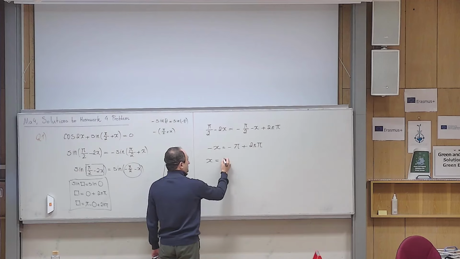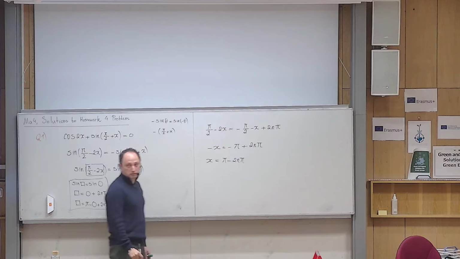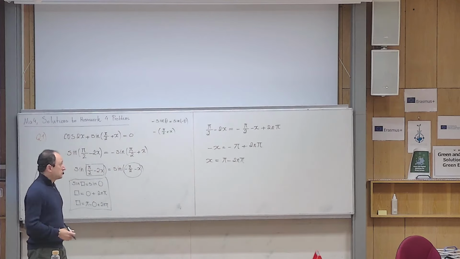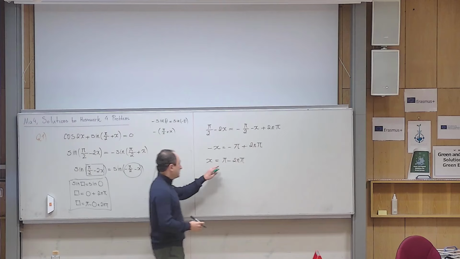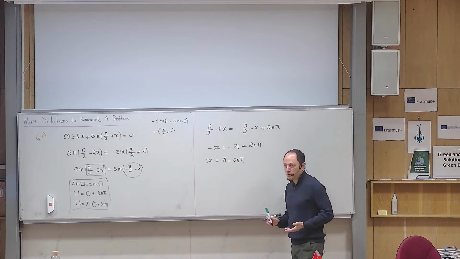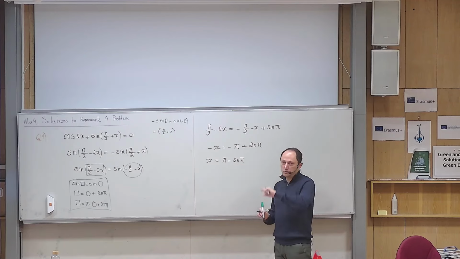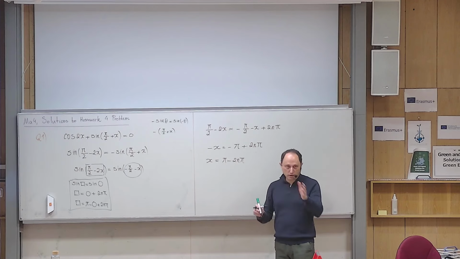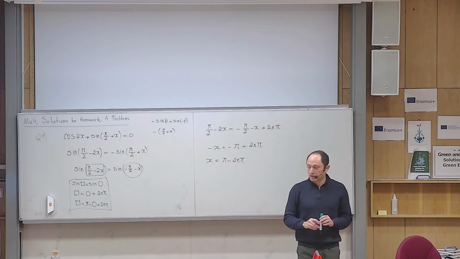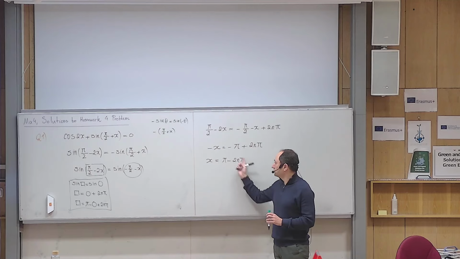So this becomes pi minus 2n pi. It doesn't matter whether it's minus 2n pi or plus 2n pi; they go in different directions, but that is one full circle. The whole point is that this is pi. So can you show me the point corresponding to these angles?